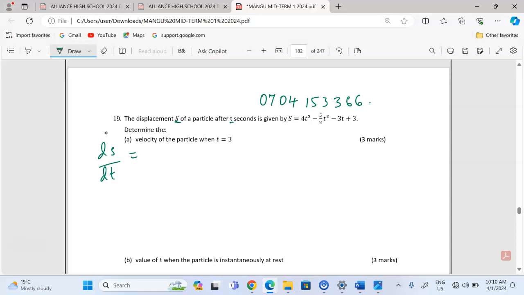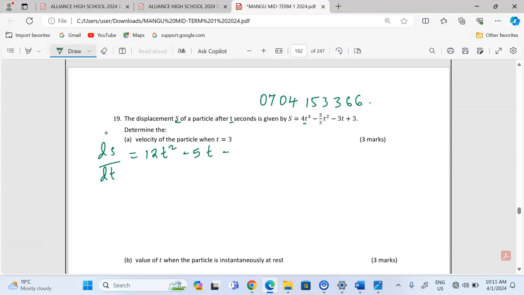To differentiate the first part of this polynomial, we drop the power, which is 3, times 4 to give us 12. Then t now becomes power 2, the power reduces by 1. Again, we drop 2 here so that we have 5/2 times 2, giving us -5, and t now becomes power 1.